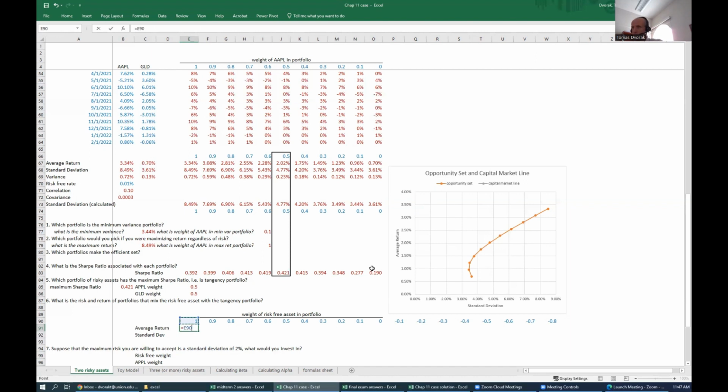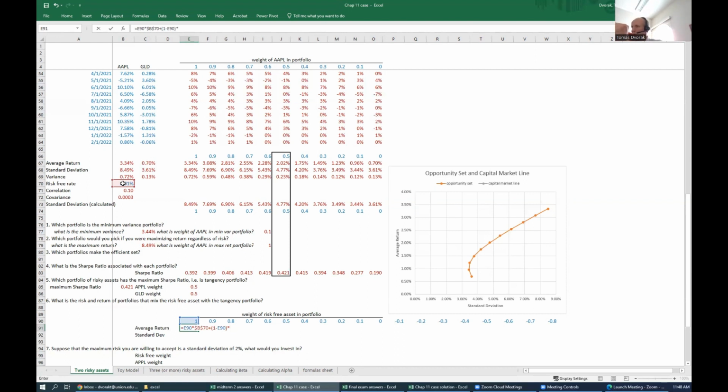We're going to take the weight on the risk-free asset, multiply by the return on the risk-free asset, locking in the risk-free asset, plus 1 minus the weight on the risk-free asset times the return on the tangency portfolio. Because remember, we're just mixing risk-free asset with the tangency portfolio.